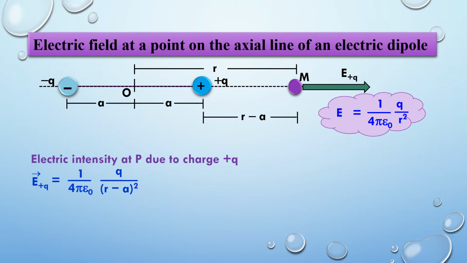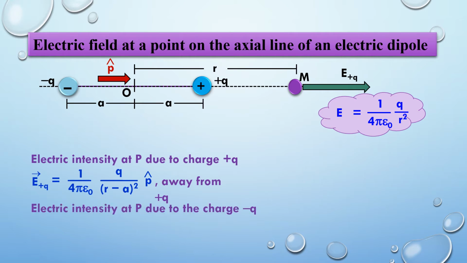Hence, the electric field at this point is along the direction of the dipole moment. As we know, the dipole moment is always from the negative charge to the positive charge. Hence, both of them are in the same direction. So I am writing this as vector P, or unit vector, which is away from the positive charge.